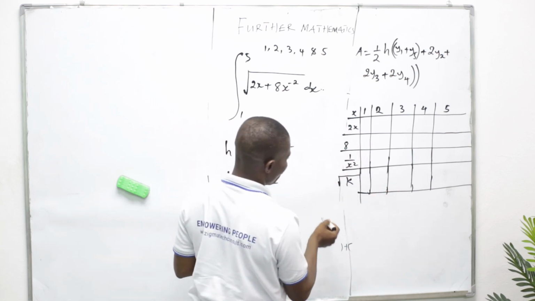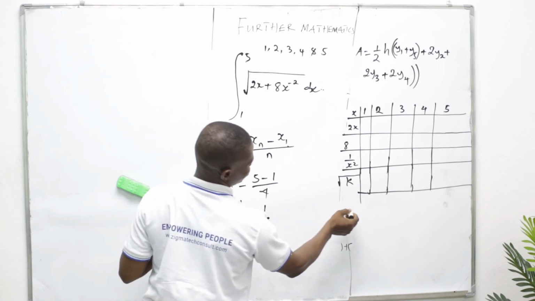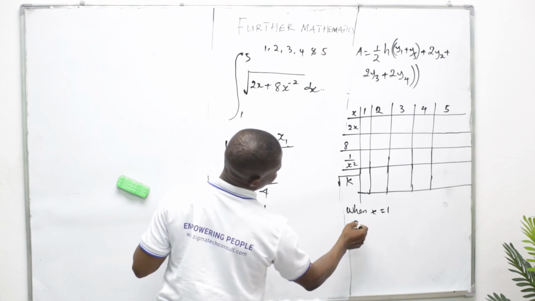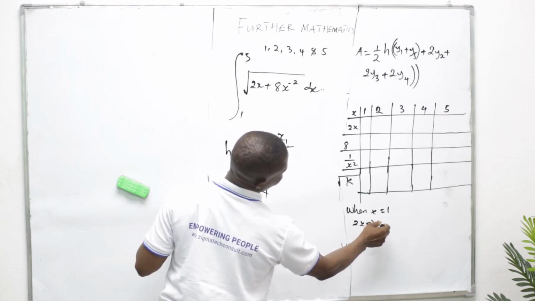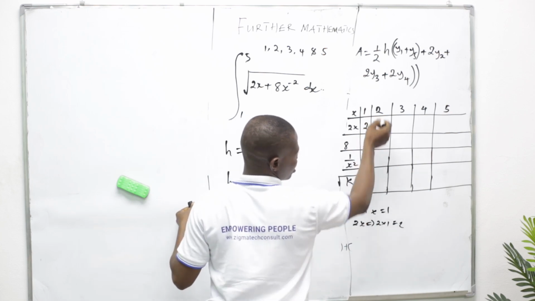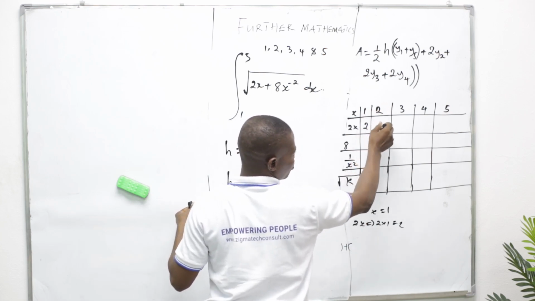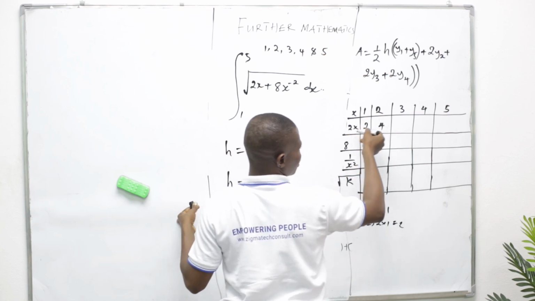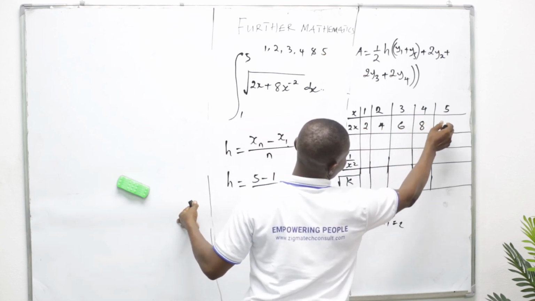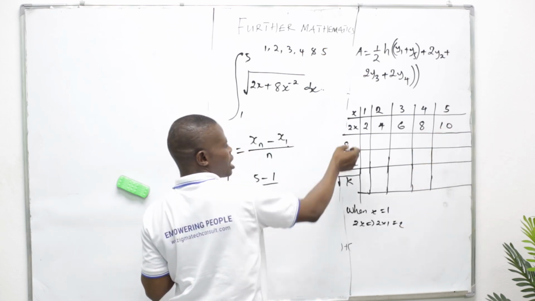At this point, let's continue. When x equals 1, 2x implies 2 times 1 equals 2. All right. When x is 2, 2 times 2, 4. When x is 3, 3 times 2, 6. The same thing for 4, 8. Then here is 10, okay? This guy is a constant.